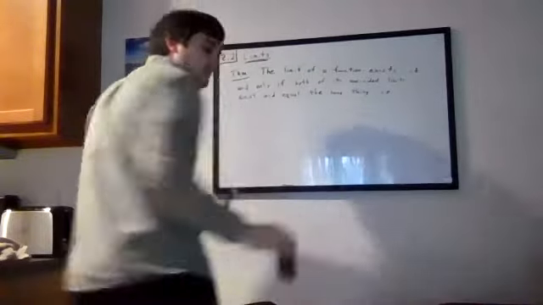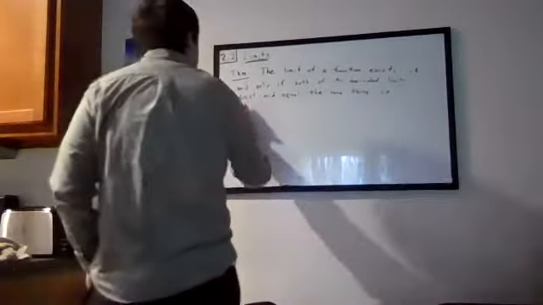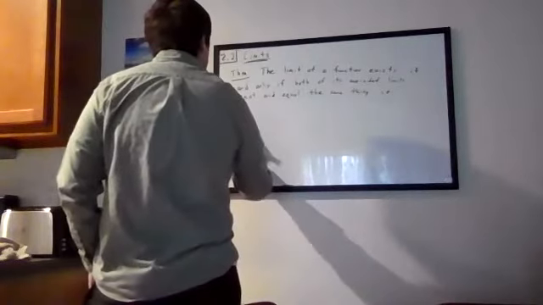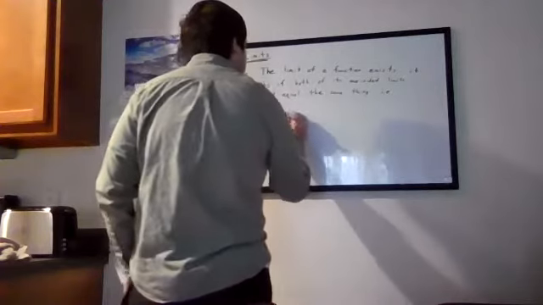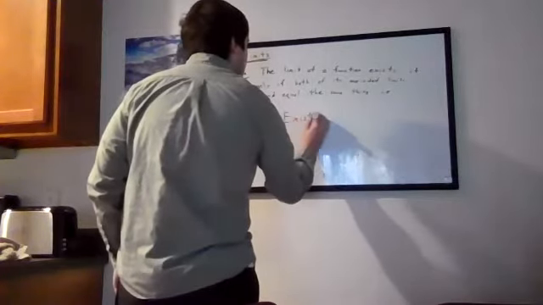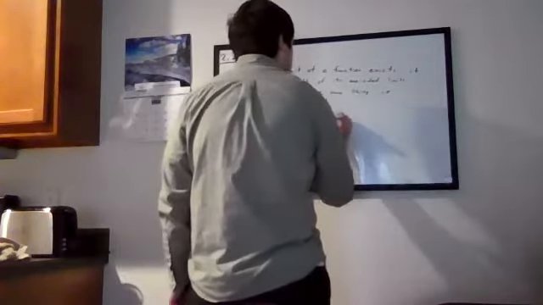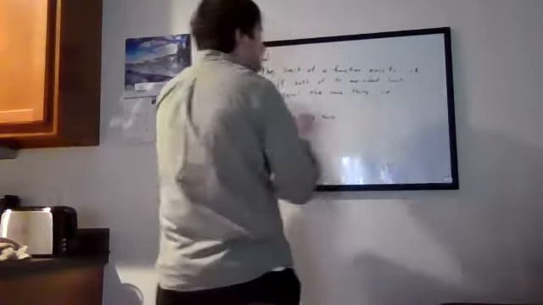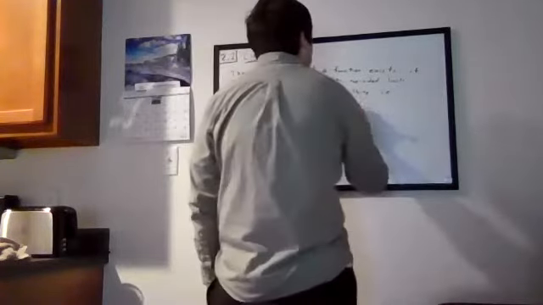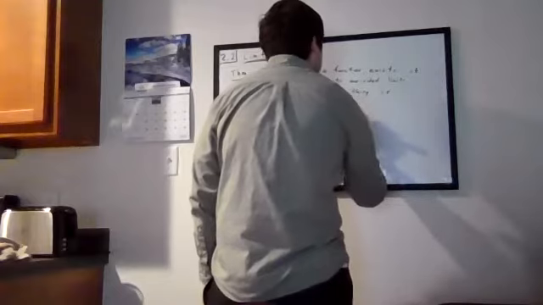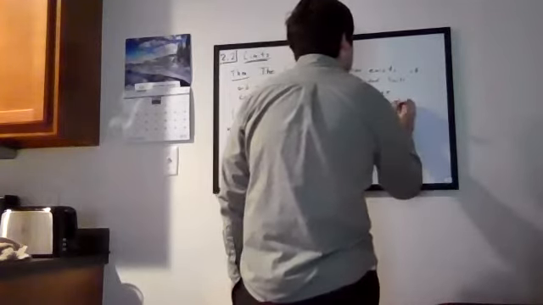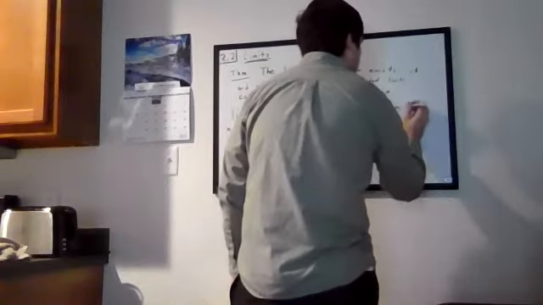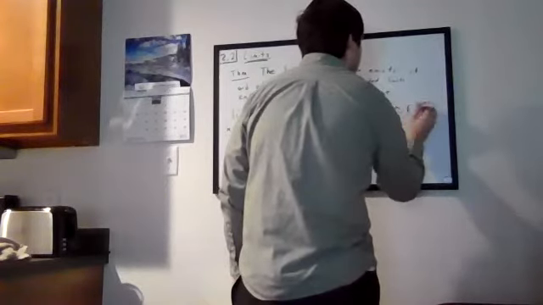So once again, if the limit as x approaches a of f of x exists, it implies that, or it's the same thing going back and forth, that the limit as x approaches a from the right side of f of x equals the limit as x approaches a from the left of f of x.